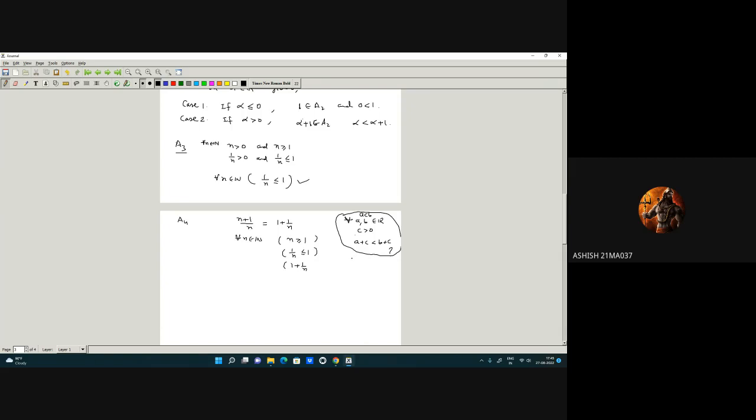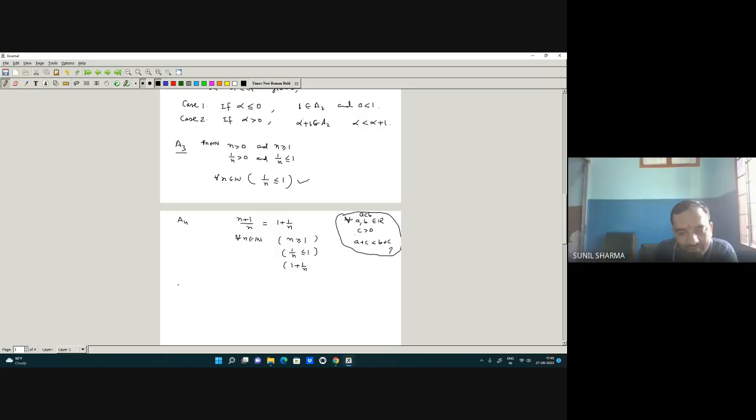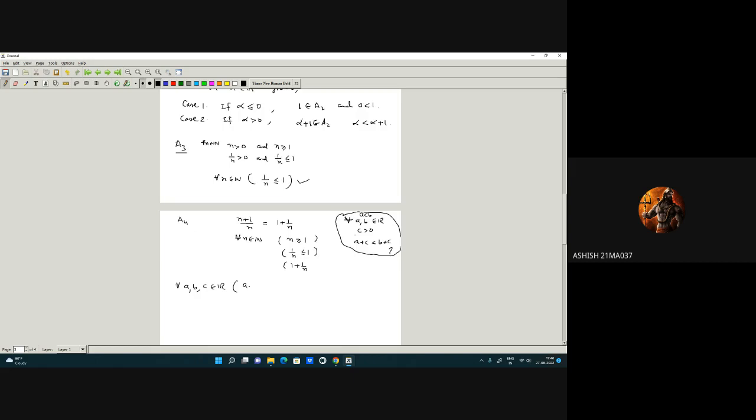So for all a, b, c belongs to R such that a less than b, then a plus c is less than b plus c. Oh, just a minute. Given any a, b, c in R such that a less than b, then a plus c is less than b plus c.